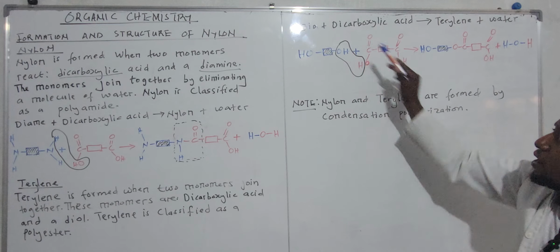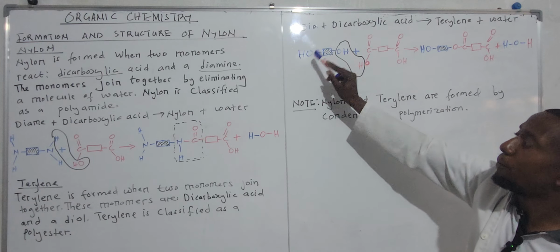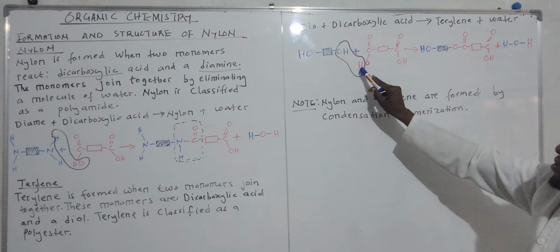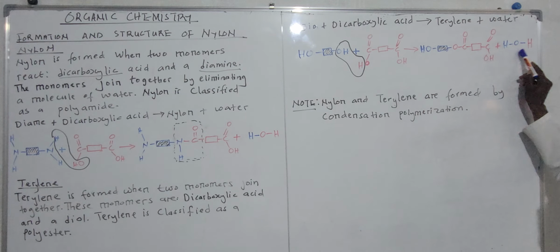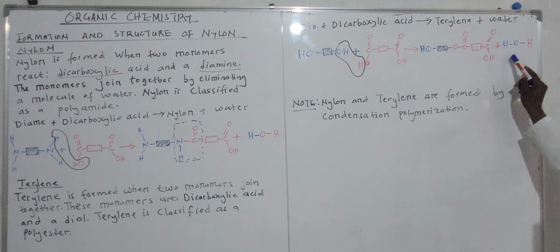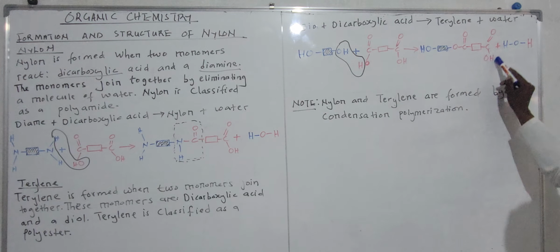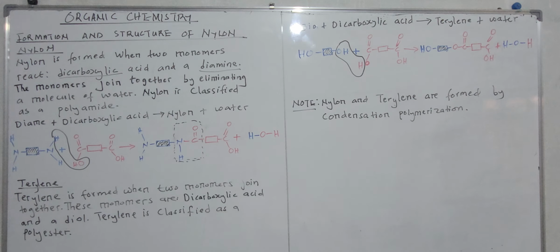In the reaction, the hydroxyl from the diol part will react with the hydrogen from the carboxyl to form water. Then we just connect the two. This is the product formed, and it is called a terylene.